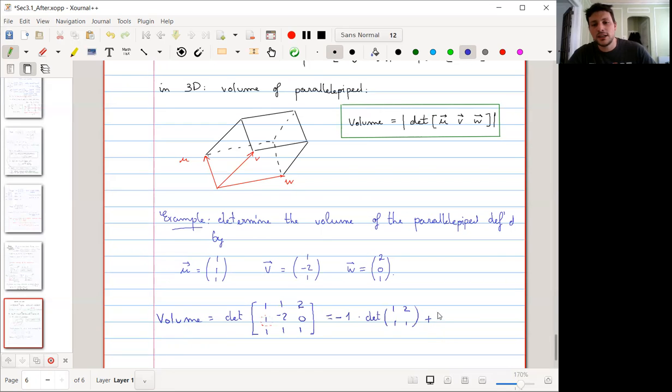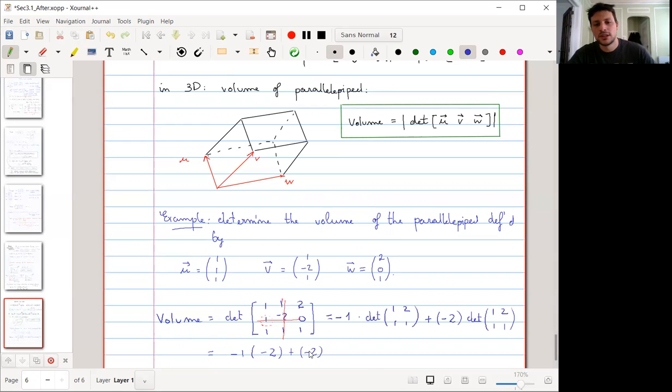The next entry is a -2, which has a negative sign, which is a positive sign in front by the cofactor expansion, and the corresponding matrix will be the one that I get by erasing the central rows and columns. So this will be the determinant of 1, 2, 1, 1. Let's wrap this up. We get -1 times, that determinant is 1 times -2.